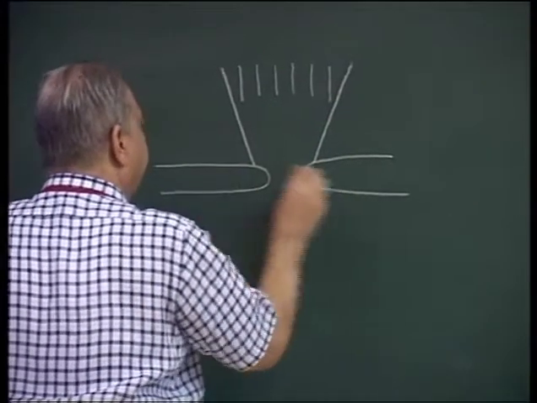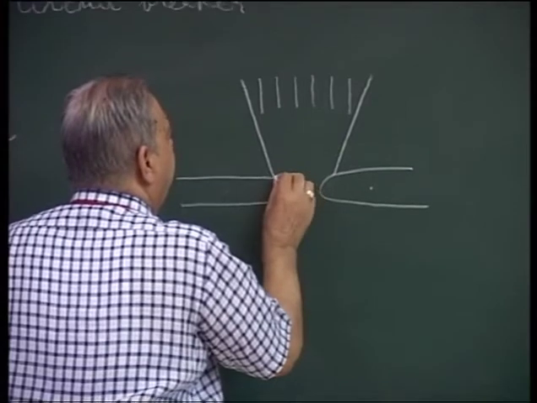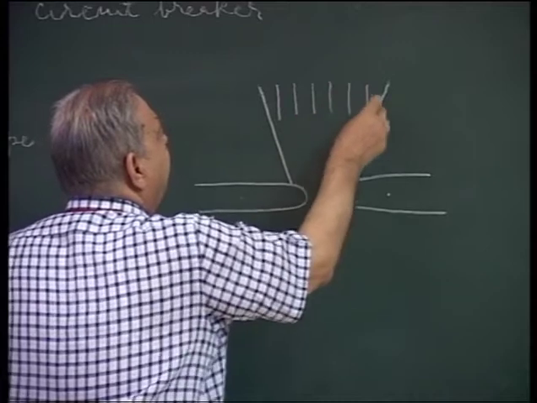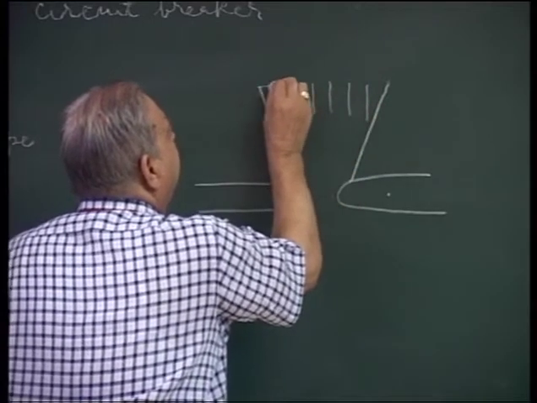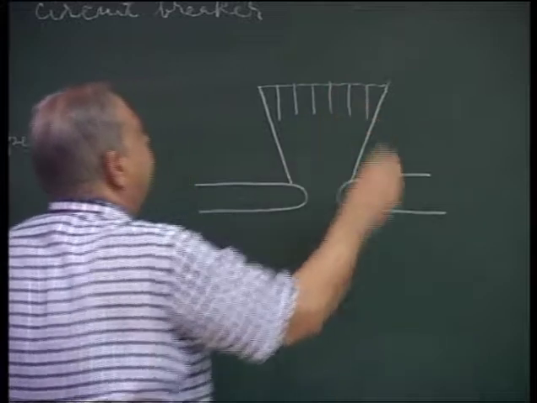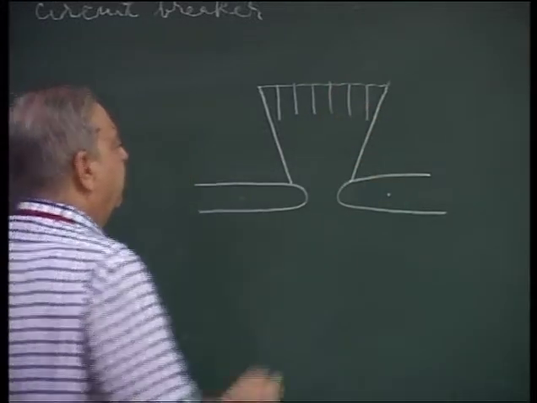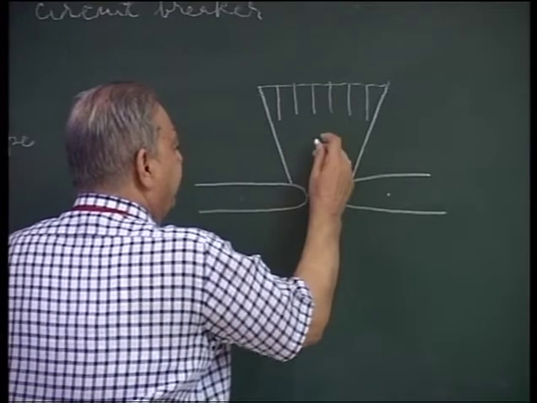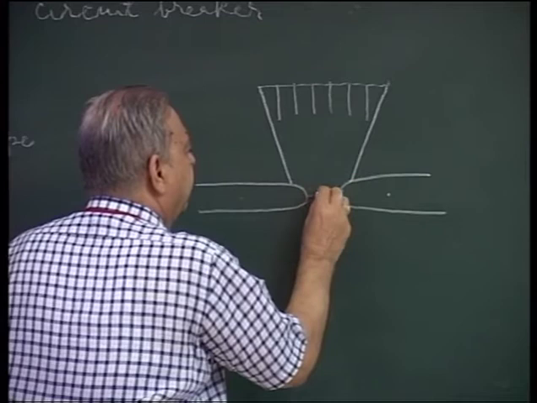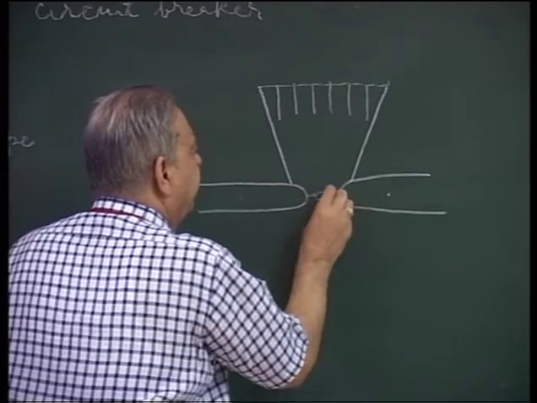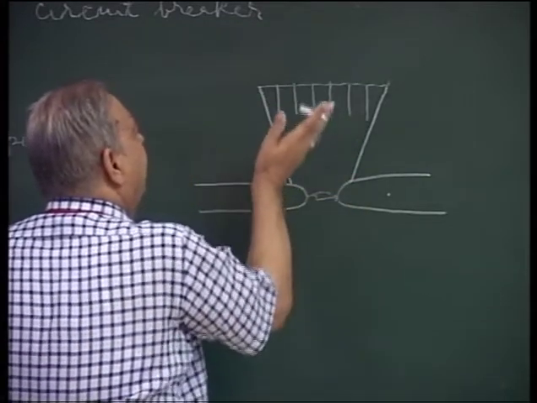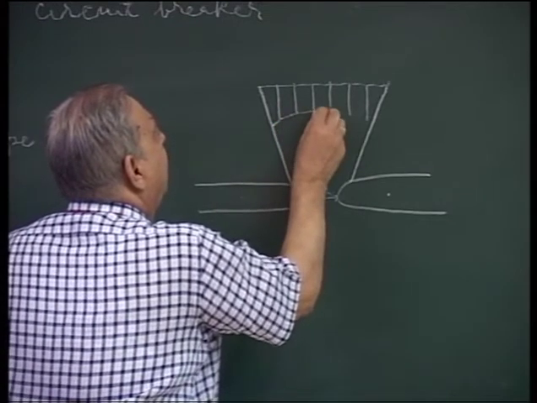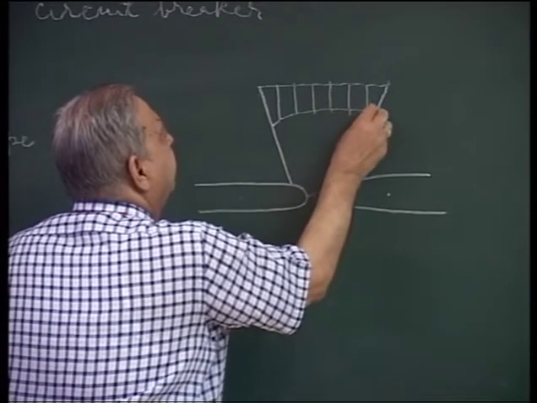So this is the fixed and moving contacts, and these are metallic horns. In between there are so many metallic plates insulated from each other. When the arc strikes here, due to heat of the arc it takes a convex shape, and then it is blown up into number of arcs occurring between the plates.